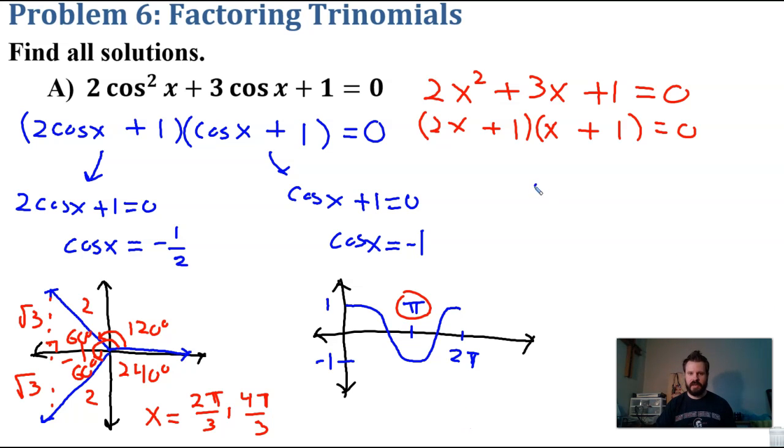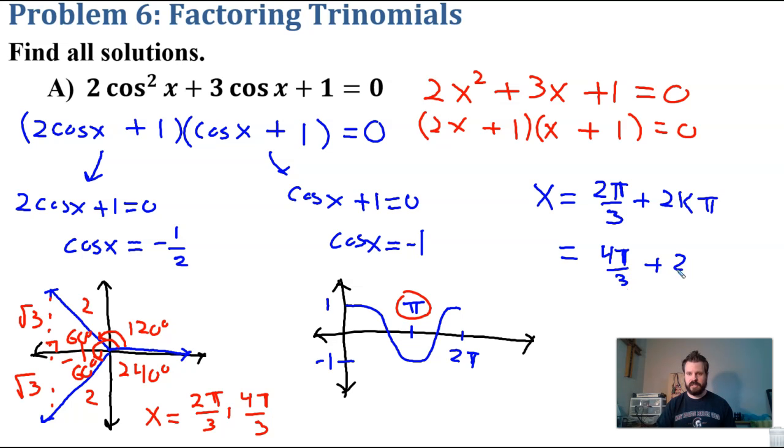Solutions then. We'll say x is equal to, and here we want all solutions, the infinite solutions, so 2 pi over 3 plus 2k pi, adding that cycle to it, and 4 pi over 3 plus 2k pi. And then with these graphs, you can do the exact same thing.